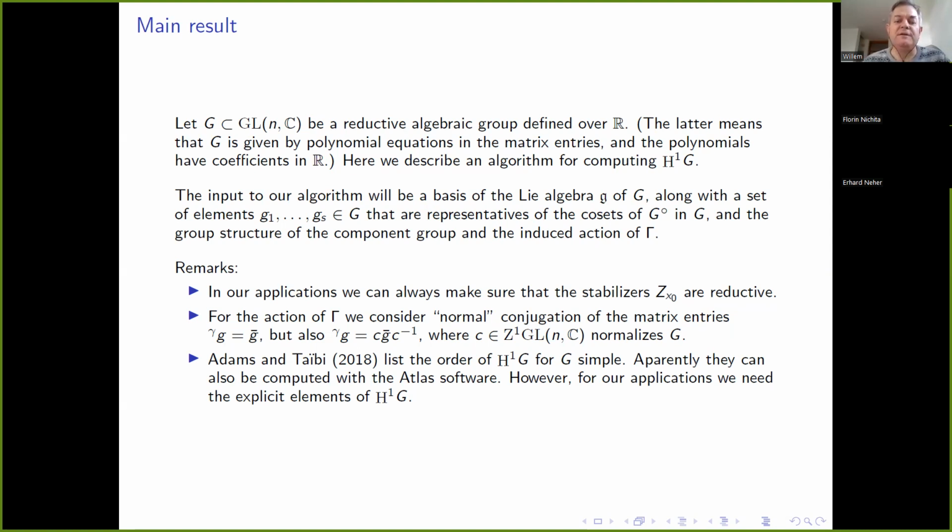Apparently you can compute this, but it's not described in the manual, so I still have to figure out how. But in any case, for our applications, as we've seen before, we need explicit elements of the Galois cohomology sets, because we needed to make this explicit correspondence with the orbits.